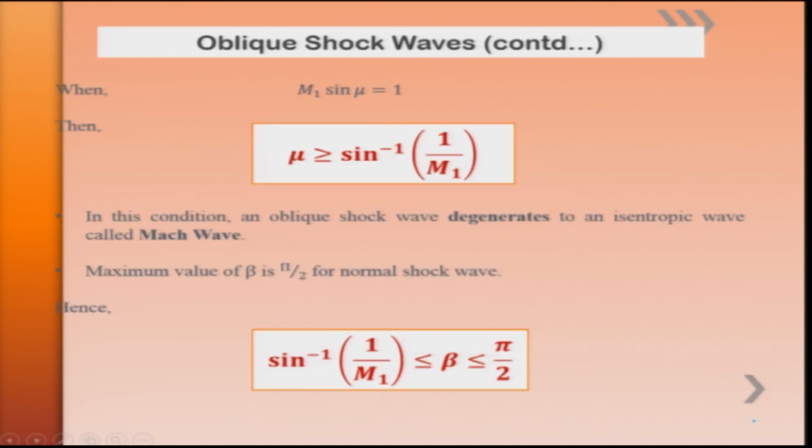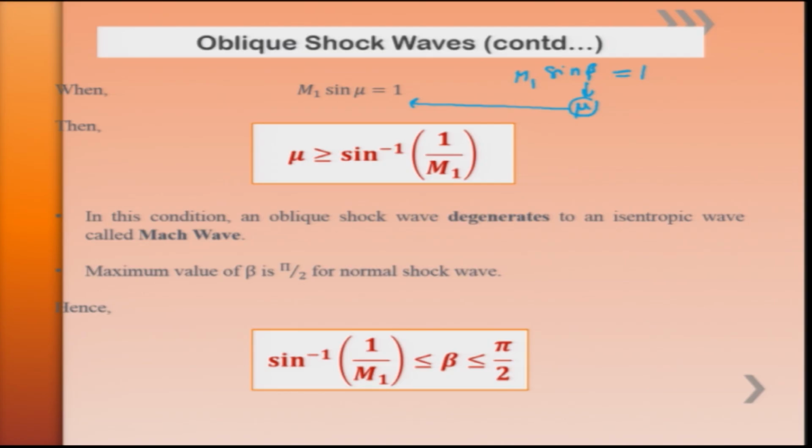That means when the inequality becomes equal, I can replace M1 sine beta as Mn equal to 1, as I have shown over here, and hence this angle mu is what we call the Mach angle.